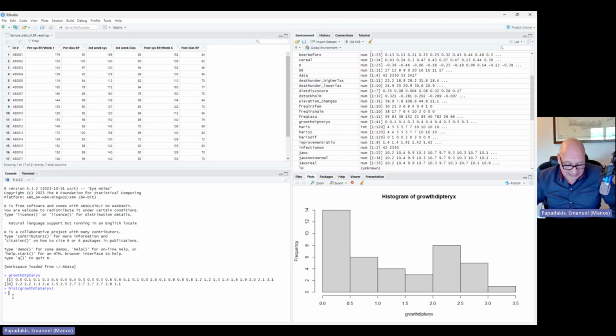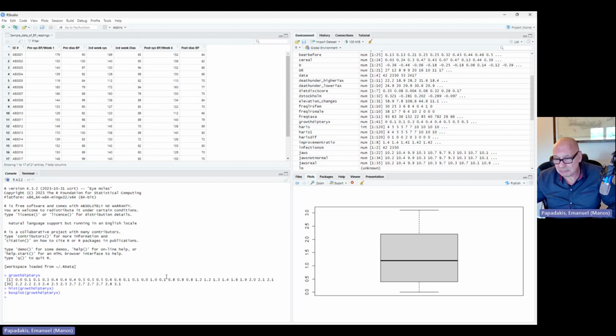I also advise you to do not just the histogram, which may look okay at some point, but also the box plot. And here, if you do the box plot, diabolically, the box plot is very deceptive. Look at the box plot. You would say, yeah, there's a small variation from normality. Look, almost symmetry. Just one whisker smaller than the other. Not too bad.